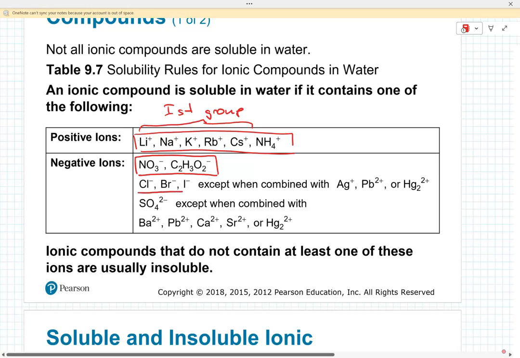If it's one of these 3, soluble except for these cations. Okay? Does that make sense to you?